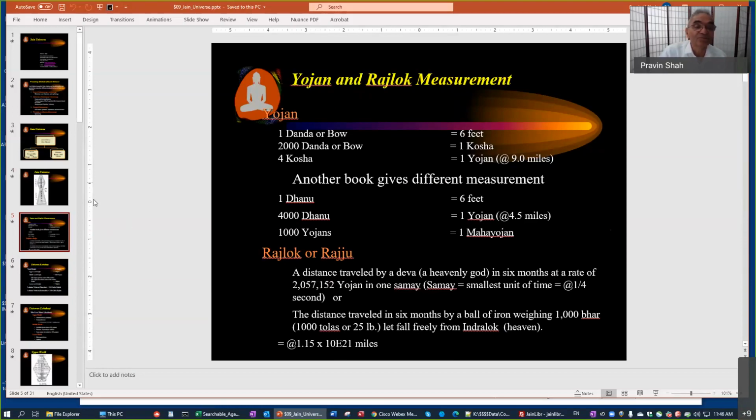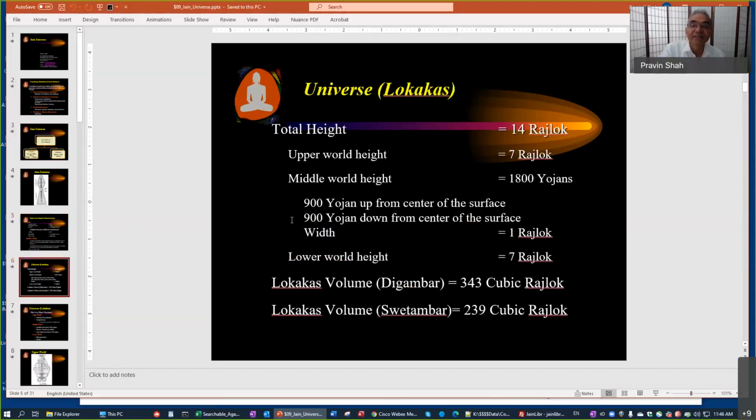Now let me go further. The height is 14 Rajlok. From the middle, it is 7 Rajlok up, and the lower one is 7 Rajlok, which we discussed. And then the middle world, which we are going to talk about today.